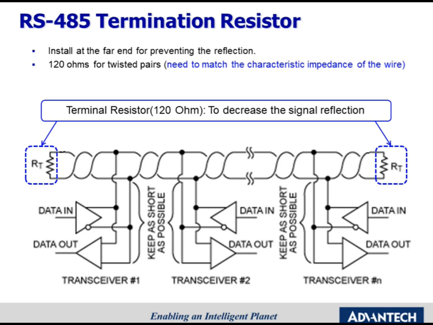Here I'm going to introduce the RS-485 termination resistor. Usually, we will suggest user to use terminal resistor on RS-485 network. The common resistance value is about 120 ohm. But why we need this termination resistor?